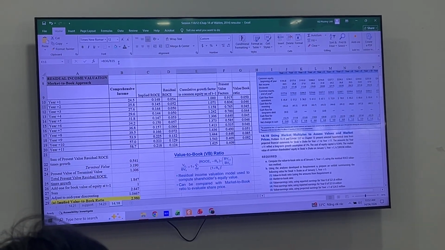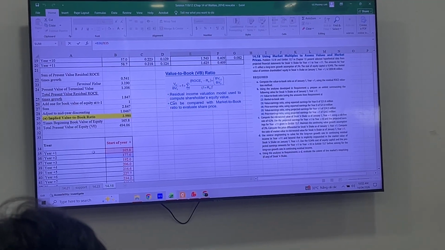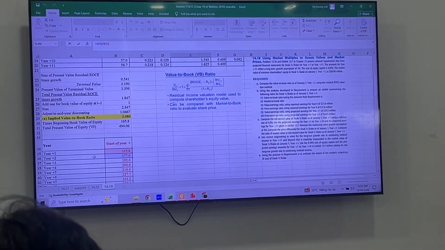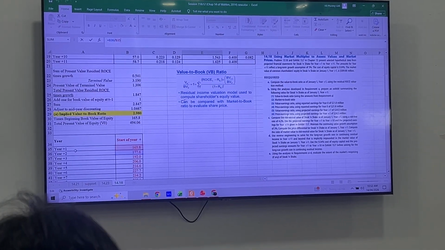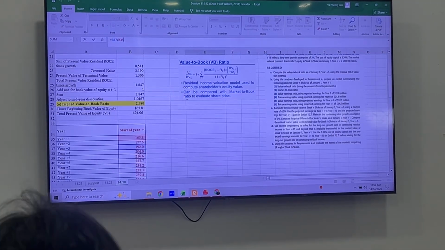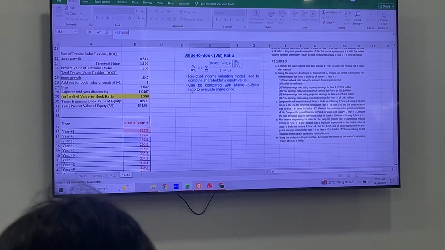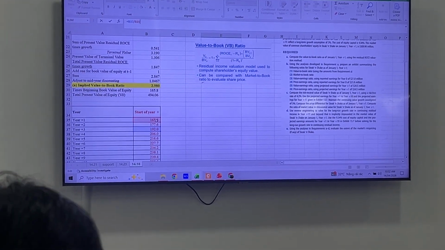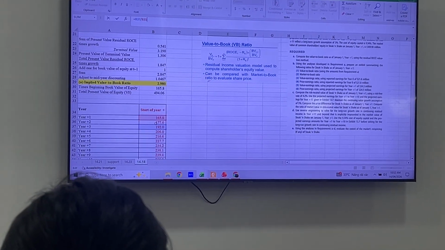But for year 2, you see that I would then use the beginning book value in year 2 over the BB0, which is the year plus 1. Next, for year 3, you see that I'm comparing the BB at the beginning of year plus 3 with the BB0, but not with the BB of last year. Please avoid that mistake, okay?